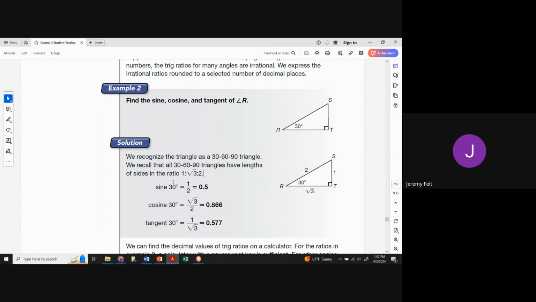So the sine of 30 is 1/2 or 0.5. The cosine of 30 is the square root of 3 over 2, and then the tangent of 30 is 1 over root 3, which gives us, again, if there are rational numbers in our division, then it's going to give us an irrational solution. We can also use our calculator. So it's 30 degrees.